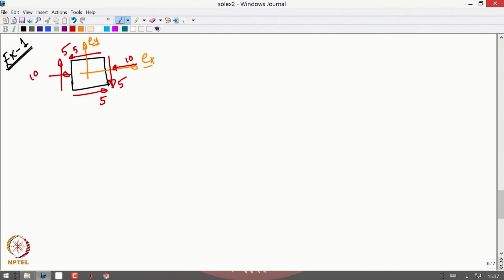Now, the question is what does this state of stress correspond to? I want to write it in the matrix form.